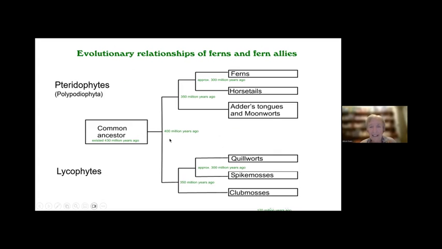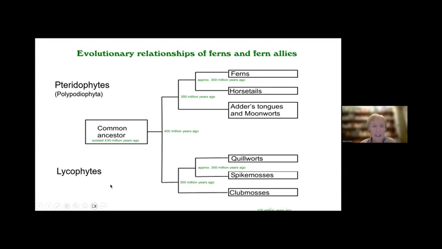And they last had a common ancestor about 400 million years ago. So ferns are actually much more closely related to flowering plants than they are to what was thought of as their allies, the club mosses and quillworts and so on.